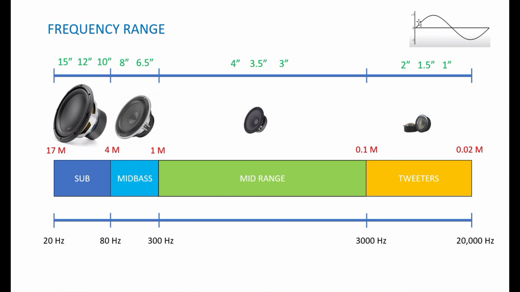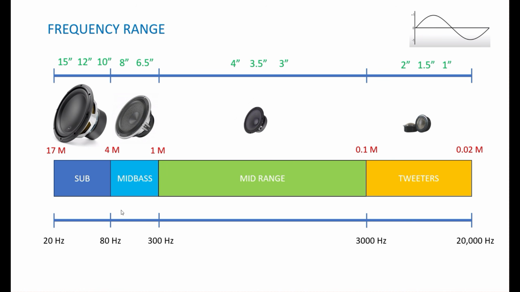So a wavelength is nothing more than the sine wave of a particular frequency completing its 360-degree phase cycle, which is 1 hertz. At 20 hertz, at that particular note, this sound wave, or wavelength I should say, is 17 meters long, right?